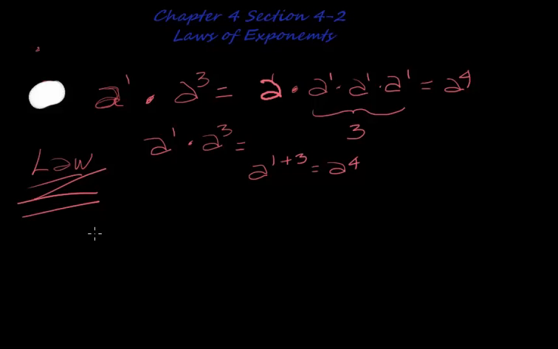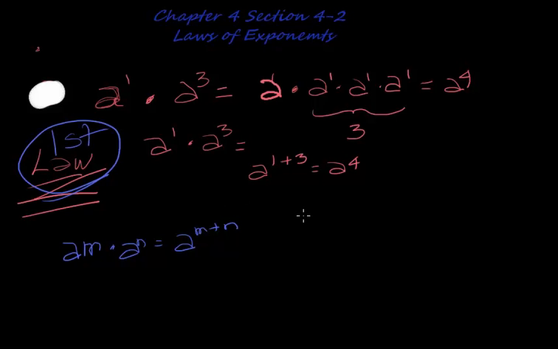It says a to the m times a to the n is equal to a to the m plus n. So that's the first law. Let me get a clean board and go over the next ones with you.